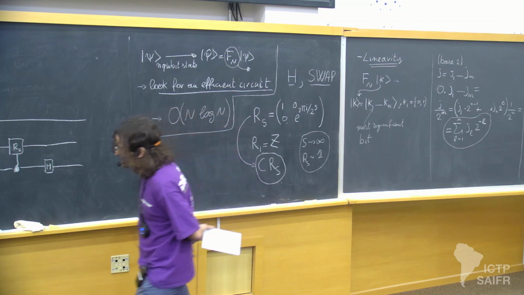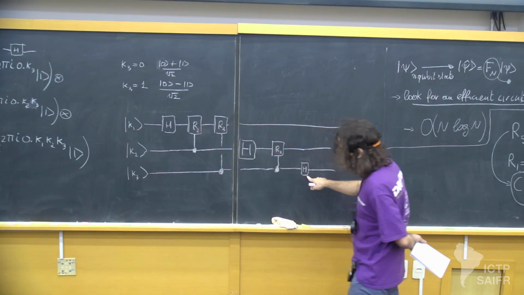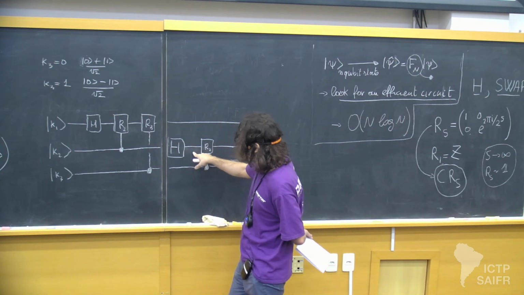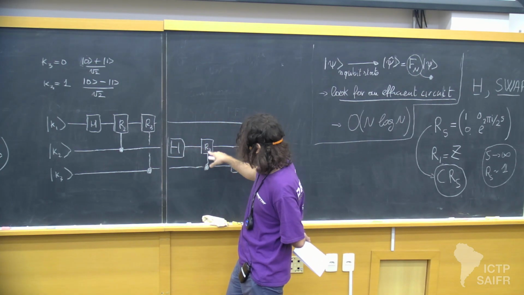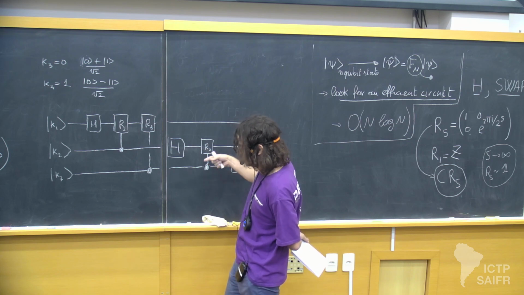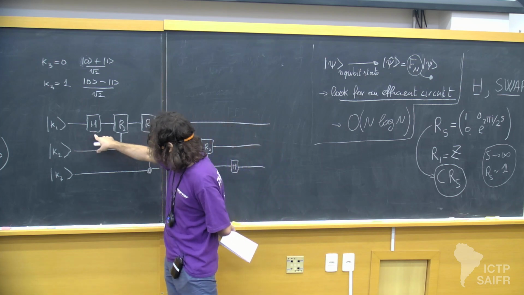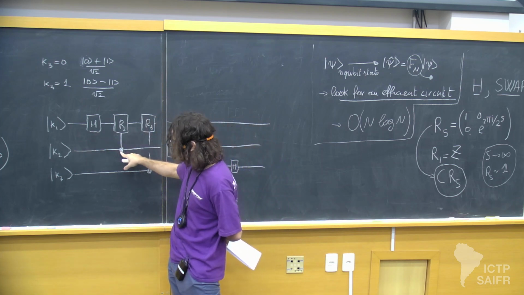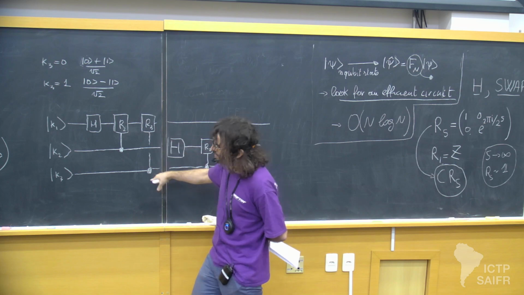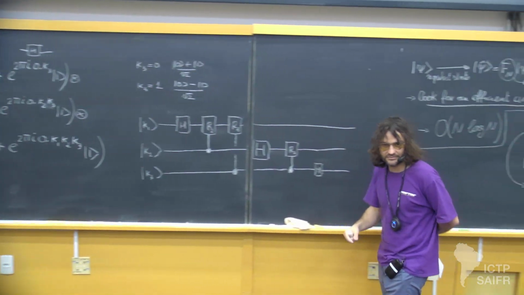So we see that for this state, K3, we just do the Hadamard. For this state, we first do the Hadamard, and then we do the R2 if K3 was 1. And here we do the Hadamard, then the R2 if K2 is 1, and we do the R3 if also K3 is equal to 1. It's almost this, but with a problem.